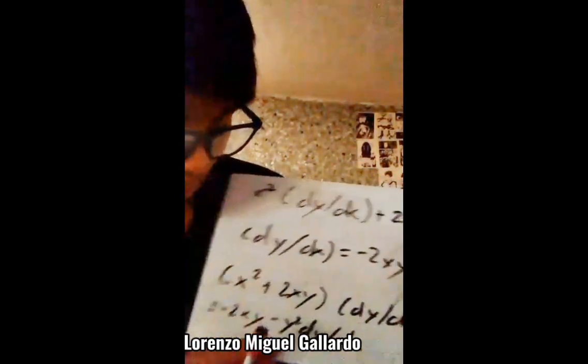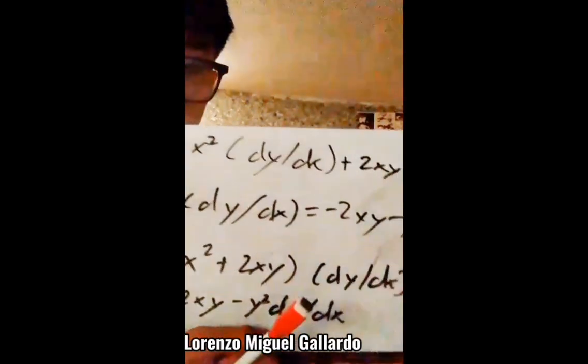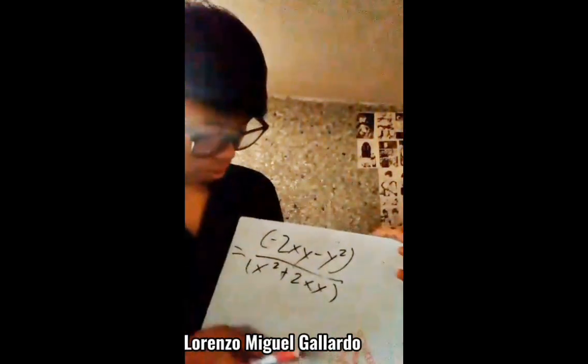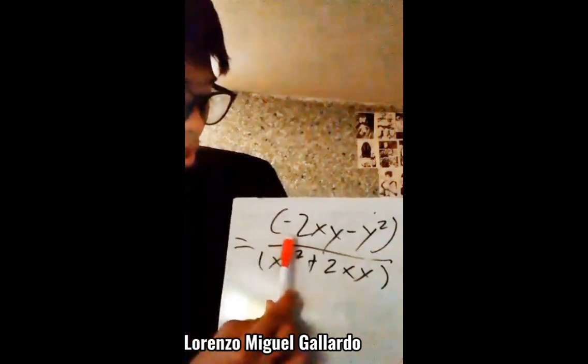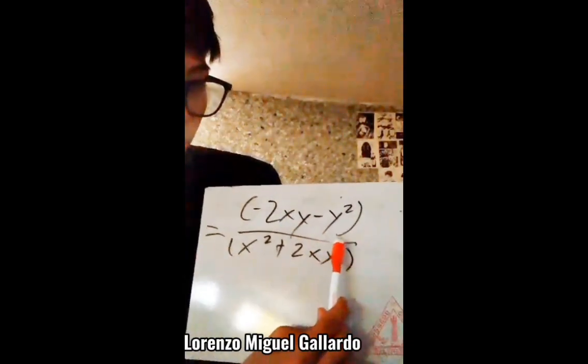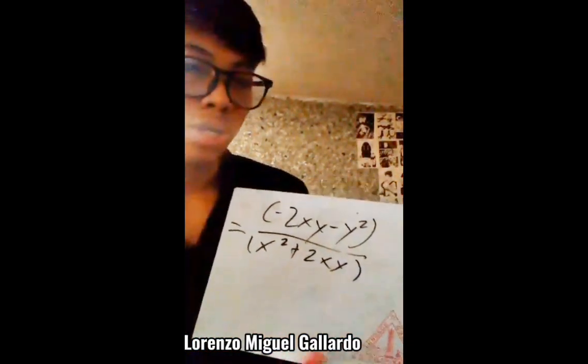As you can see, dy over dx equals negative 2xy minus y squared over x squared plus 2xy.